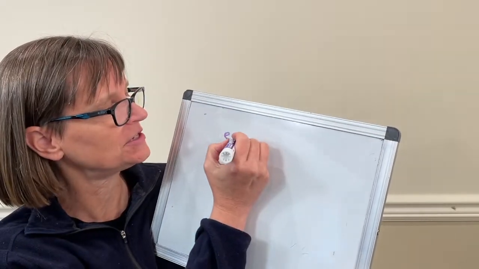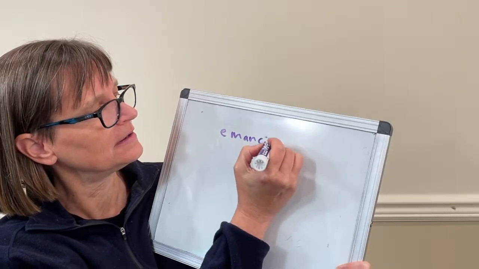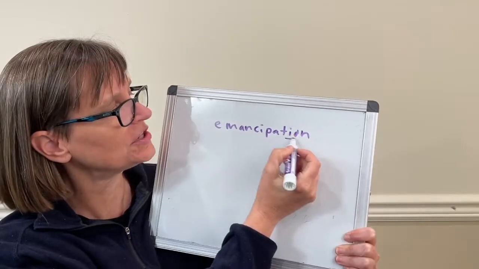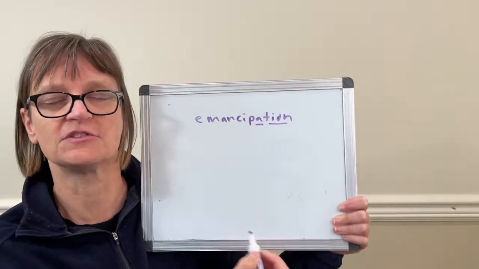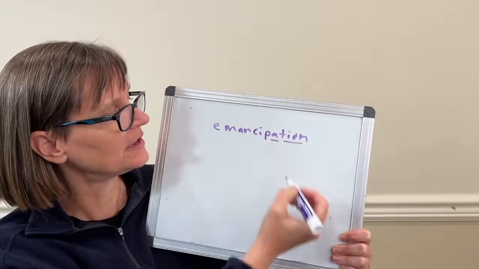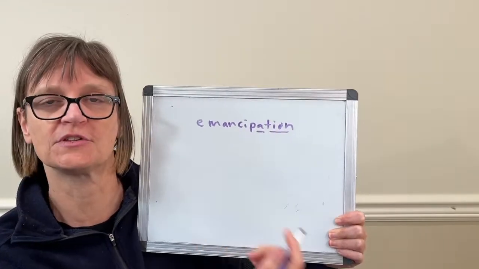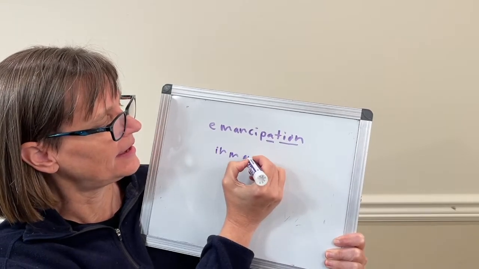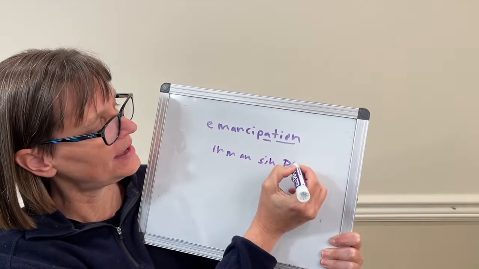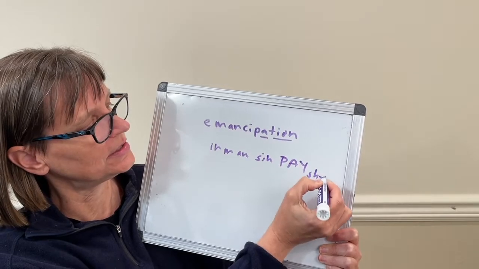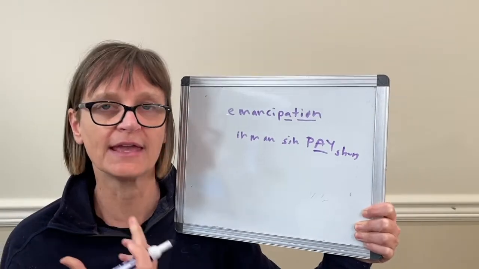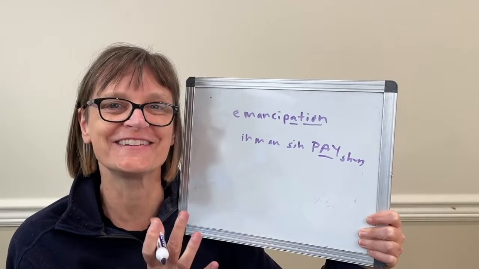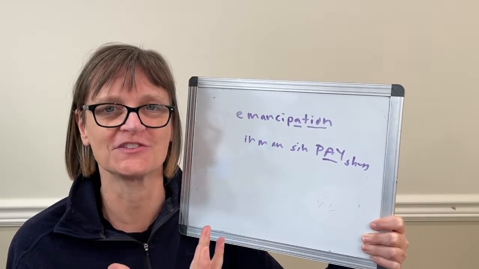In emancipation, it follows the rule of all words ending with shun, that they're stressed on the syllable before shun. So in emancipation, we're stressed on pay. It sounds like emancipation.